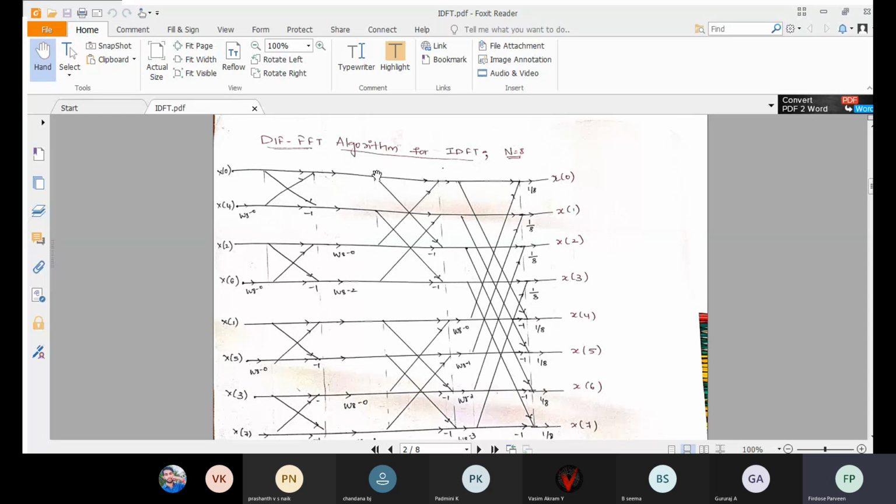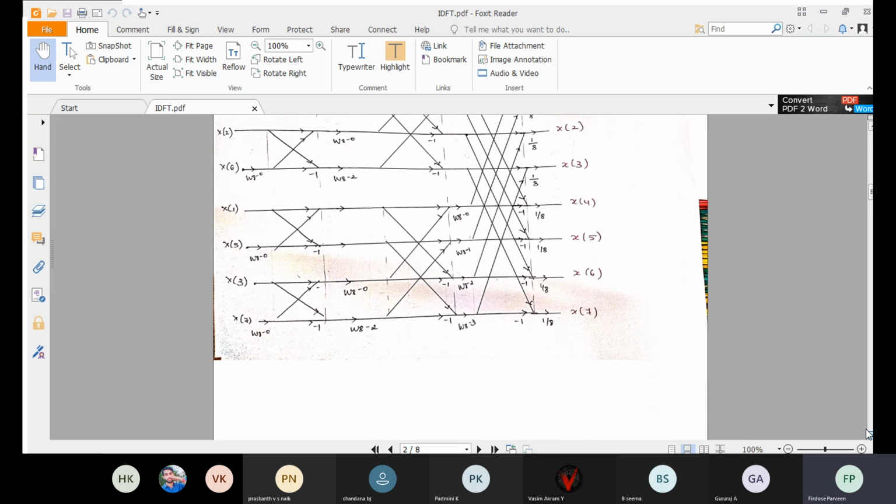This is 4 point, x of 0 will be connected to x of 2. Here again the same thing. If you see this part, it will be x of 0, x of 1, x of 2, x of 3. So when you bit reverse, here you will get x of 0, x of 4, x of 2 will be same, then x of 6. X of 4 when you bit reverse will be x of 1, x of 5, x of 3, x of 7.